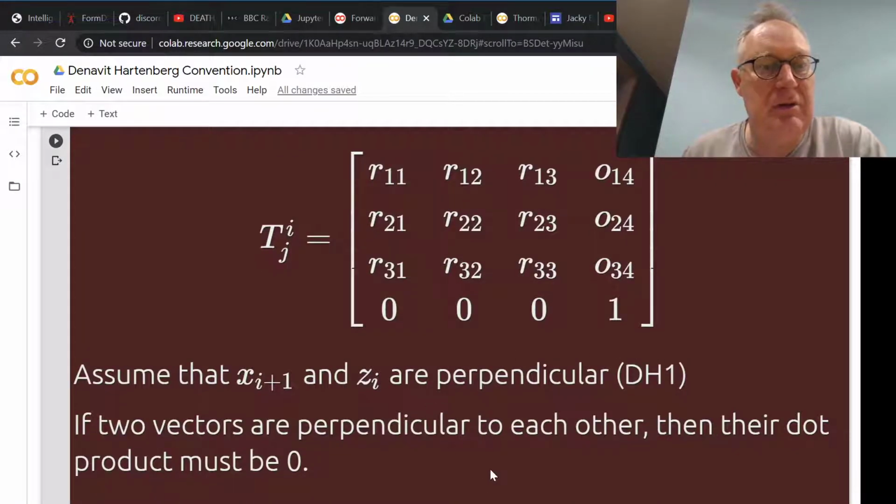Because we bring it into our coordinate system. So then if that's only R11, R12, and R13, all the other values are going to be 0. And our current z coordinate is 0, 0, 1. And then that has to be equal to 0.